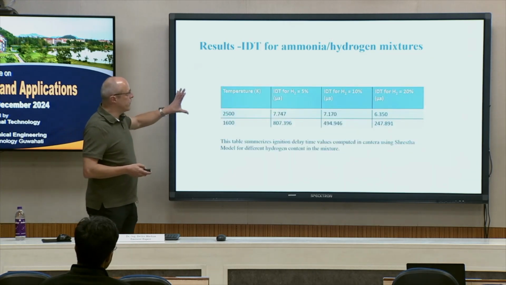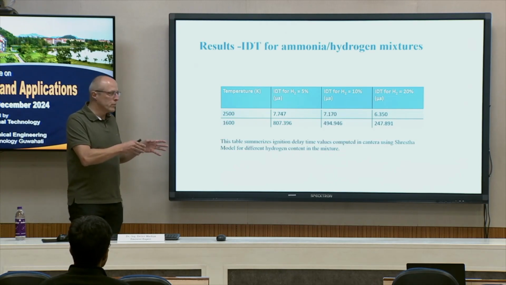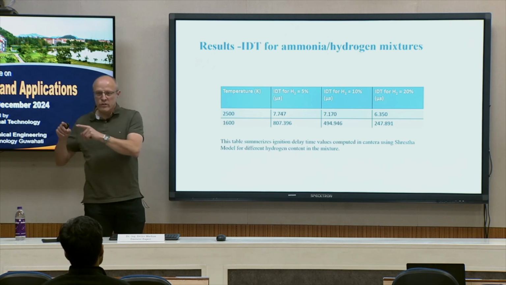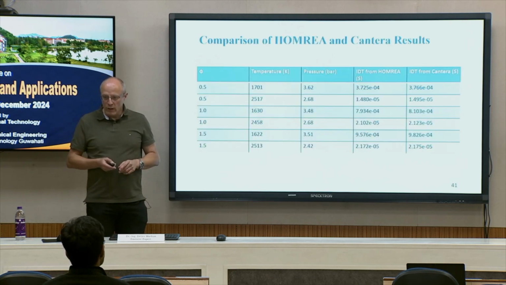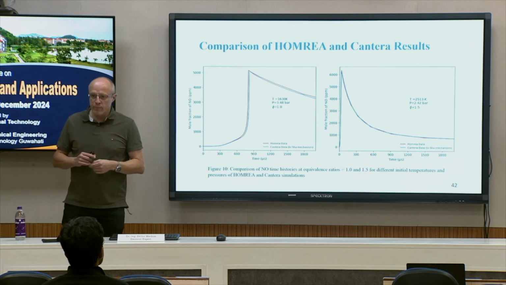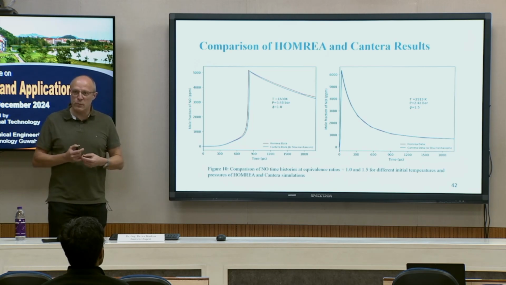So finally, that was the idea behind this work for us, to use Cantera to calculate the ignition delay time using several mechanisms to learn more about the influence of hydrogen on the ignition of ammonia hydrogen air mixtures. And finally, just to complete this part, HOMREA is the in-house tool I used in my PhD thesis already. It's just another tool to solve the equation system we have.